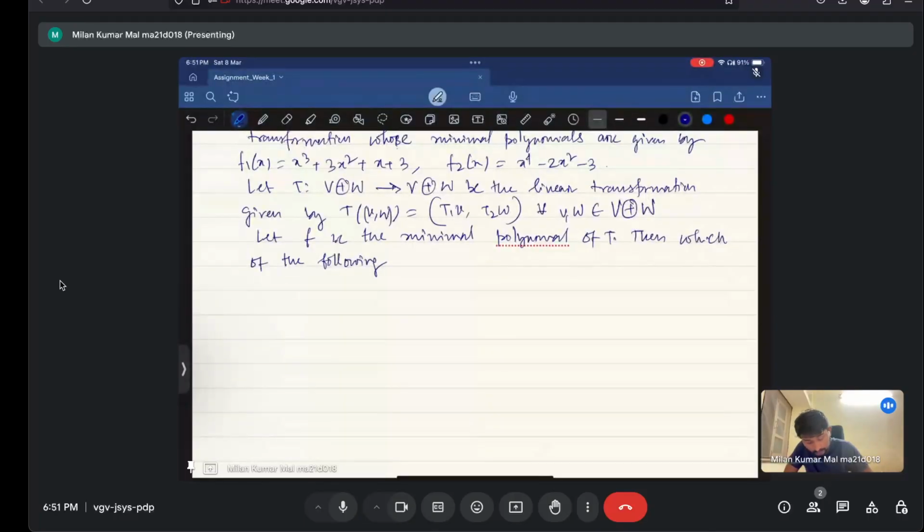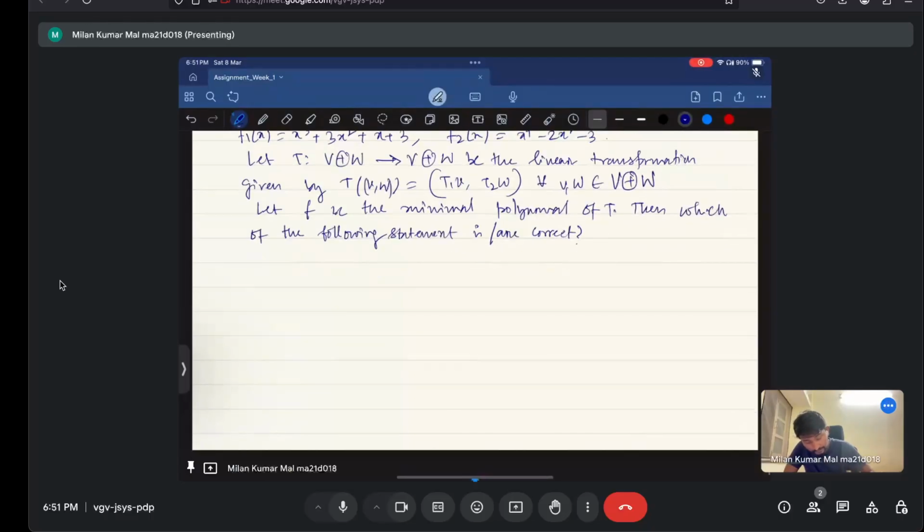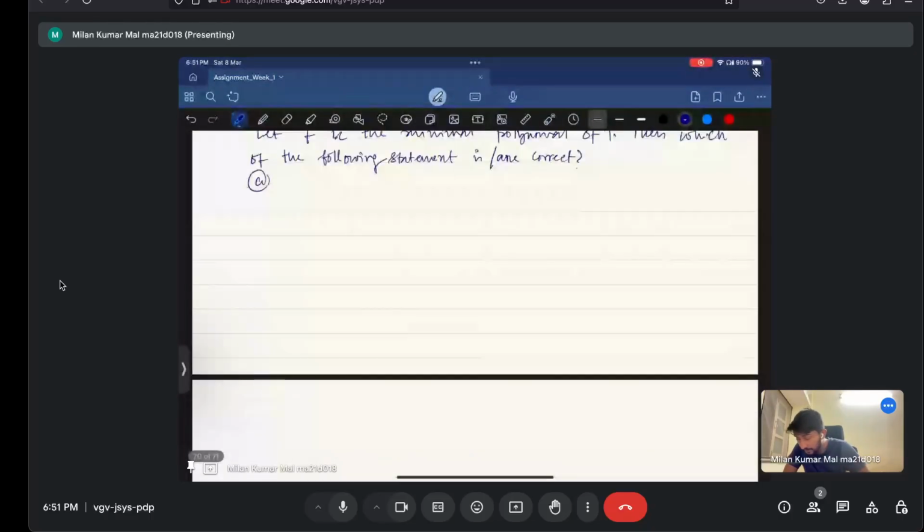Which of the following statements is or are correct? Option A, degree of f(x) is equal to 7.